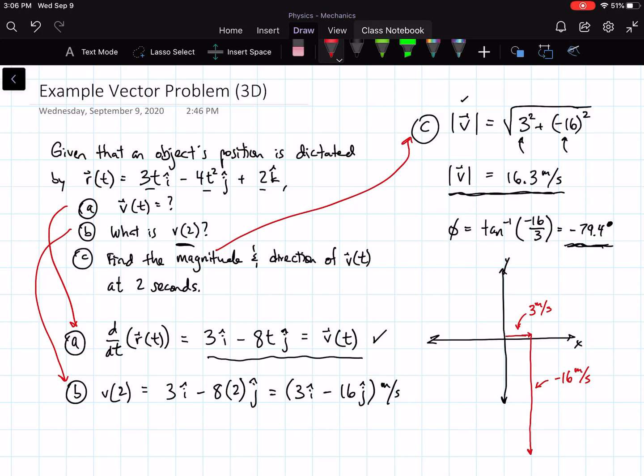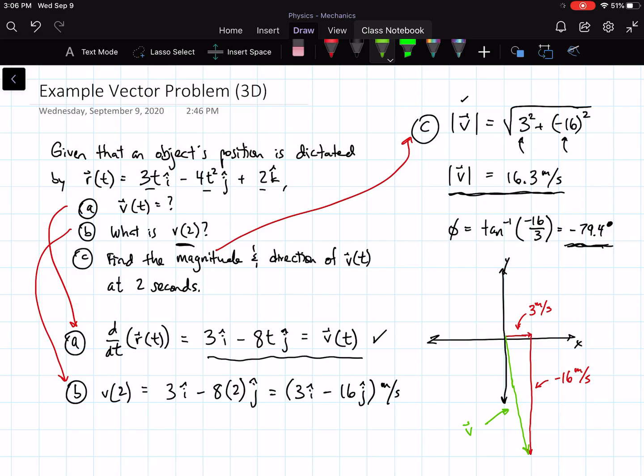And remember that the magnitude, the full vector that is representing the velocity, x and y components all together, would look something like this. Let me get a different color. It's the hypotenuse of that triangle formed by its x and y components. So this is v, and that would be this 16.3 meters per second, and it would have this direction.